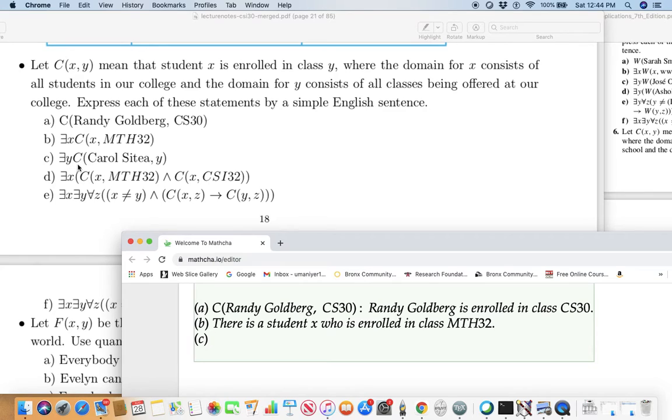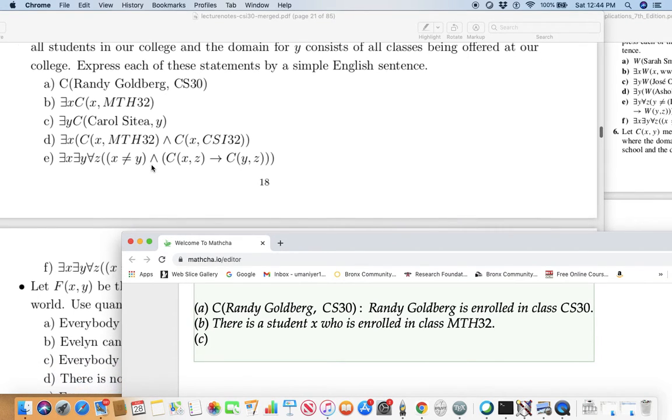There exists Y such that C(Carol Setia, Y). What does that mean? Y is the class. There is a class Y in which Carol Setia is enrolled.